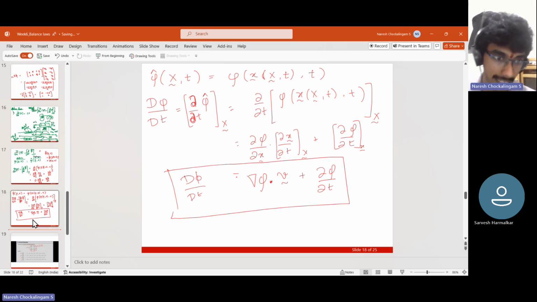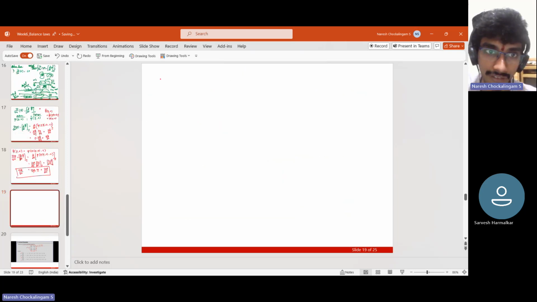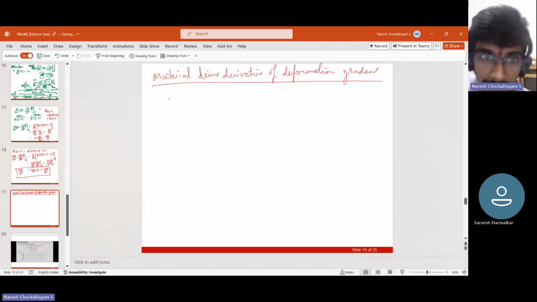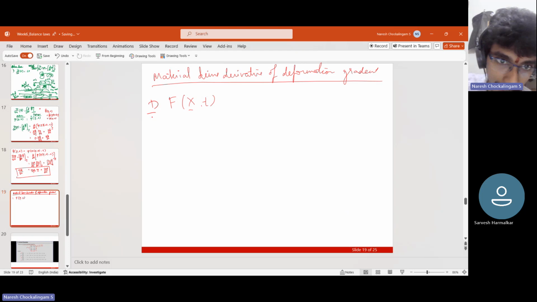Now let us look at the material time derivative of the deformation gradient. That is where we started, with the material time derivative of the deformation gradient. So F is a tensor and it's a function both of x and t, and you're looking at its material time derivative. Use that formula.